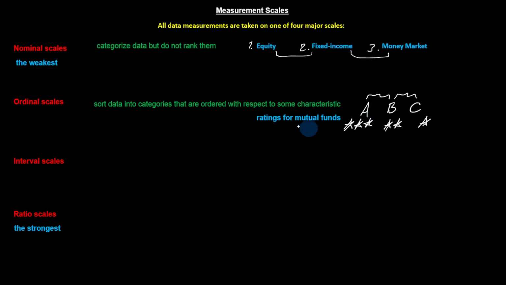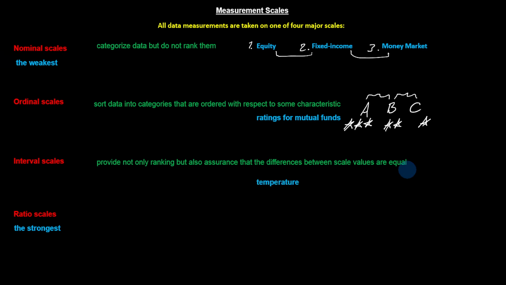Now, interval scales solve the problems of ranking and distance. Interval scales provide not only ranking but also assurance that the differences between scale values are equal. A popular example of interval scales is temperature. Let's say I have 2 degrees centigrade, 3 degrees centigrade, and 4 degrees centigrade.